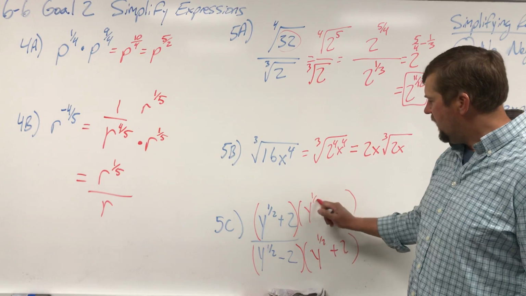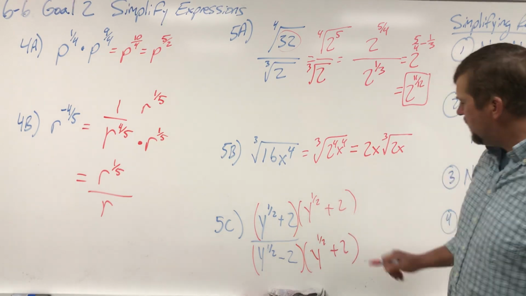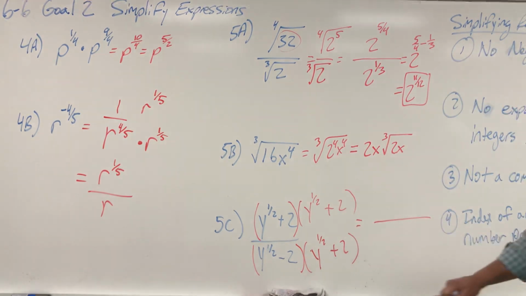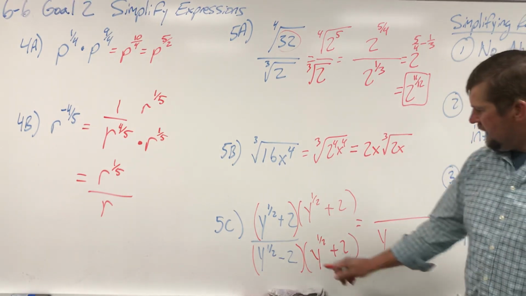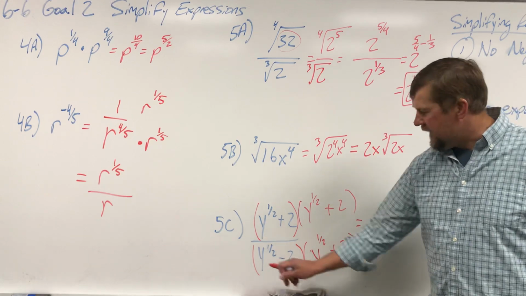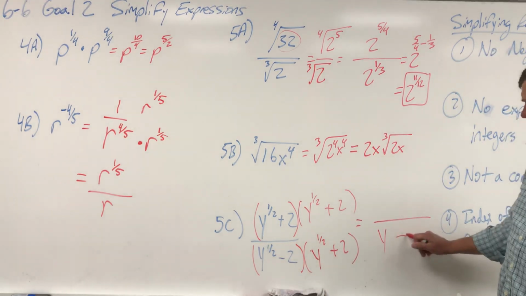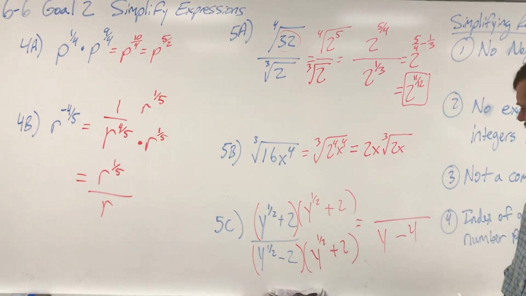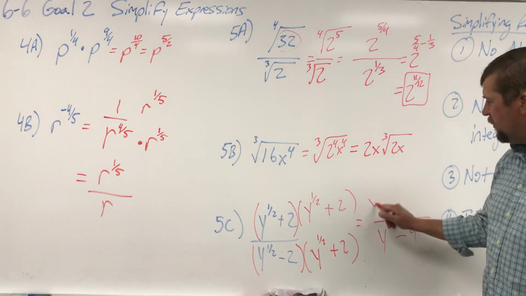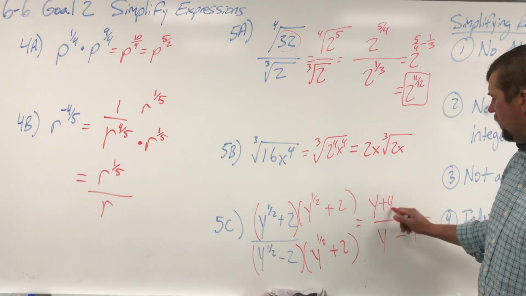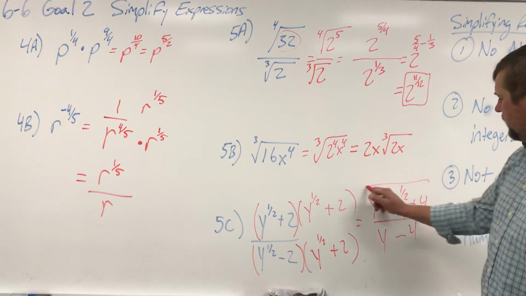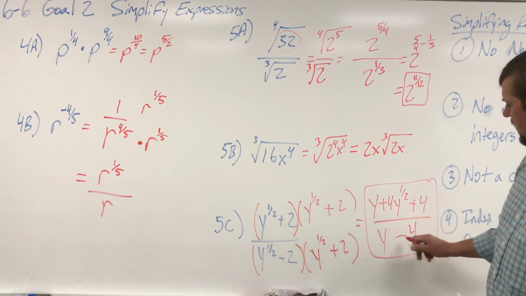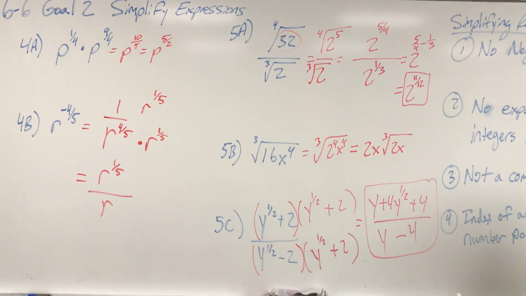So y to the 1/2 plus 2 on both top and bottom. When I FOIL the denominator, the inside and outside terms add up to 0, and I end up with just y minus 4. The numerator ends up with y plus 4y to the 1/2 plus 4. Of course, you cannot simplify the y's or the 4's because they are terms and not factors.